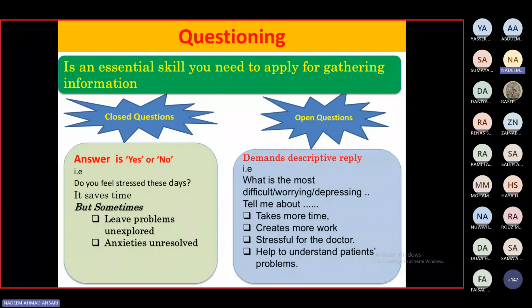Always start with the open-ended questions so that the patient feels comfortable. The patient is assured that yes, he has communicated all his problems to the doctor. We understand that it is time-consuming, but it helps in developing a good rapport with the doctor, and all the information is conveyed to the clinician because the patient is speaking directly to the doctor without any break and without any pause, trying to speak up everything about his complaint.